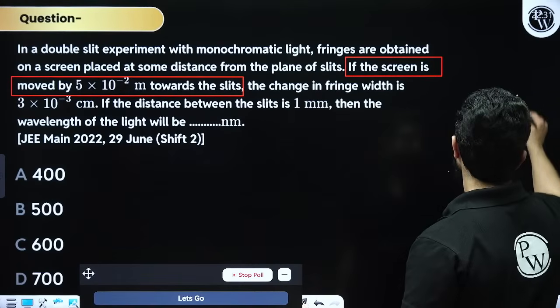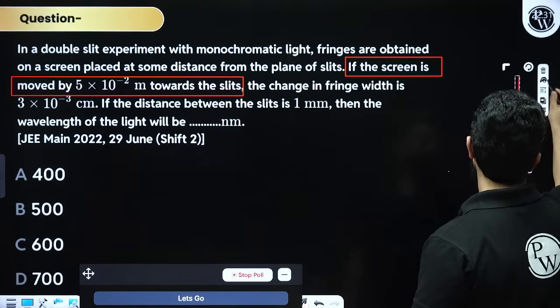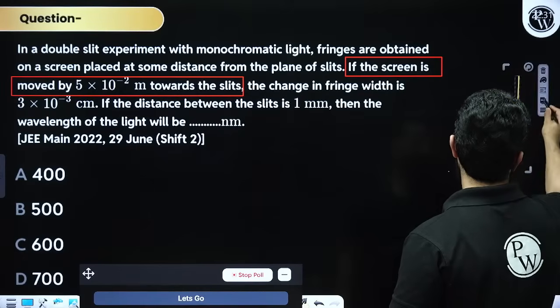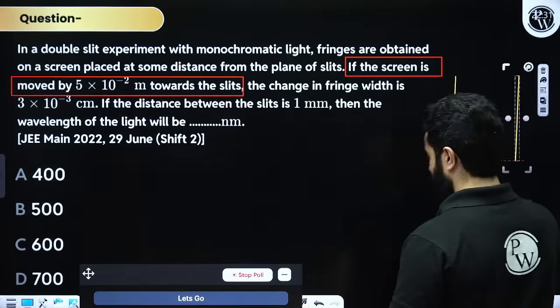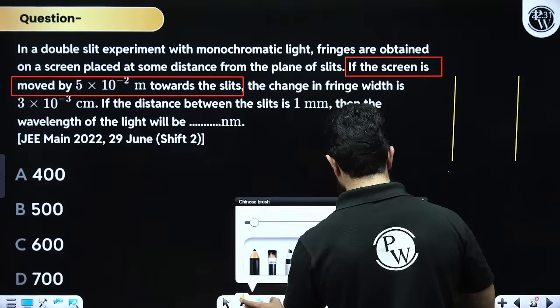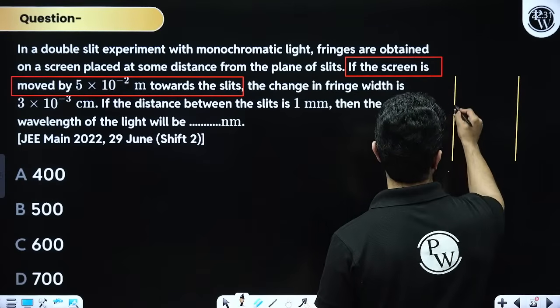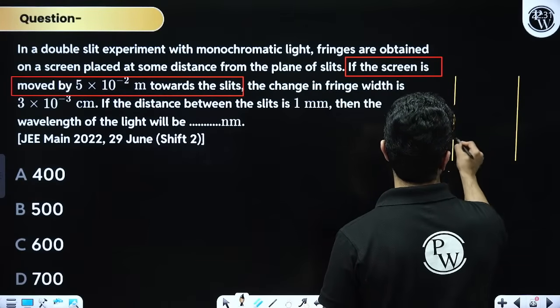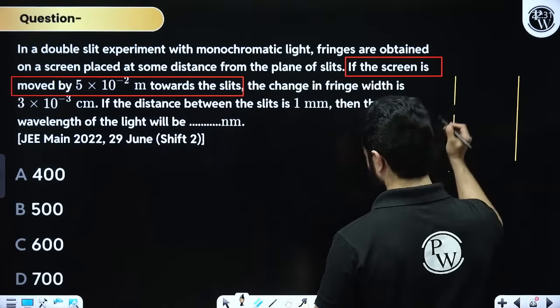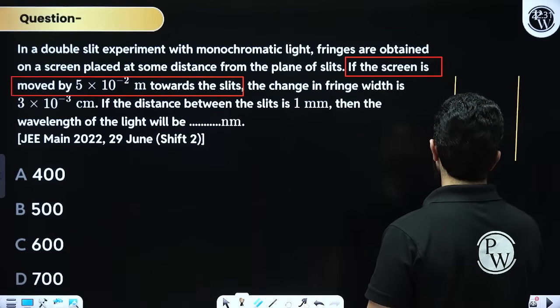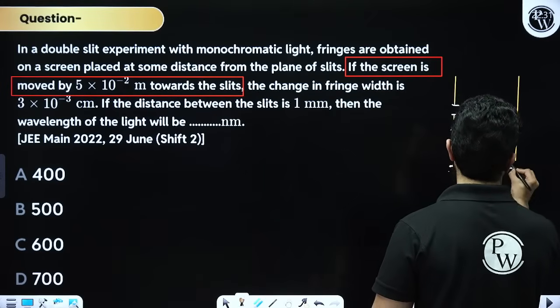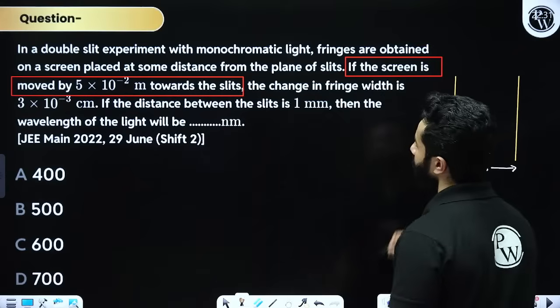Basically, what they are saying is, let's suppose you have got initially the screen over here, and this is where the slits are. Let's say initially the distance is capital D and this is small d.